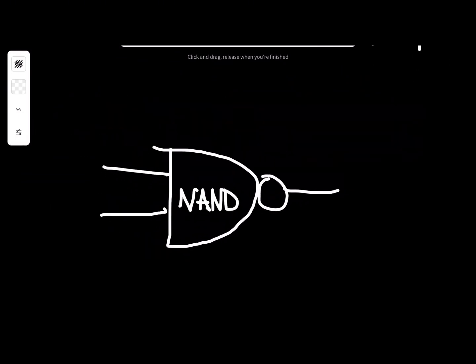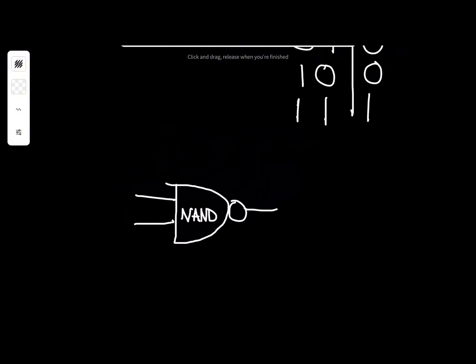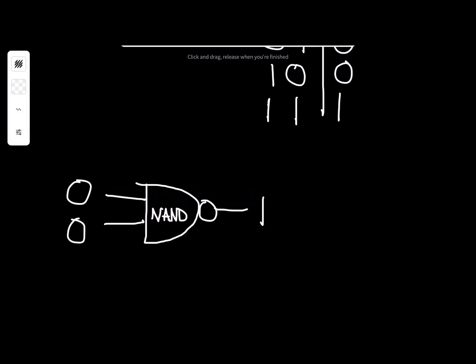NAND is a gate that outputs a 1 only if there's a 0 and a 0. It functions exactly opposite of an AND gate. So we're going to draw the table here, and count up in binary on this side like we always do.